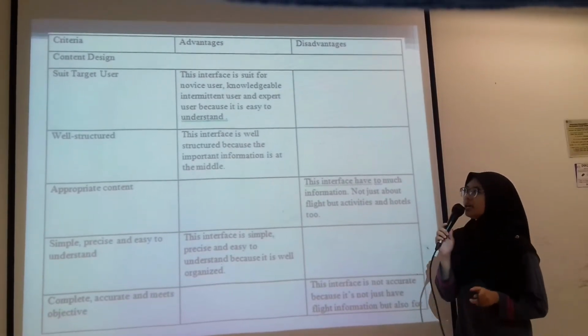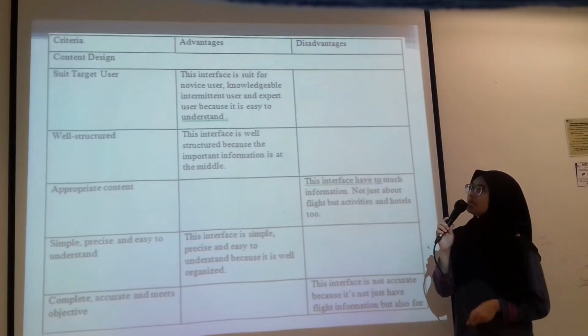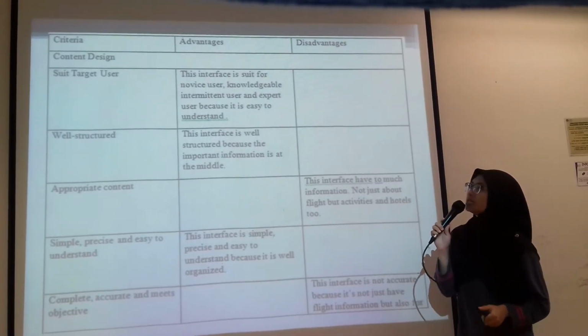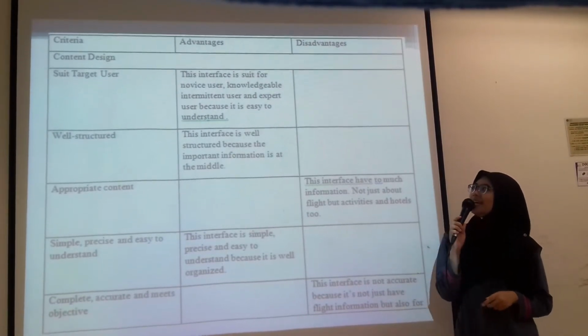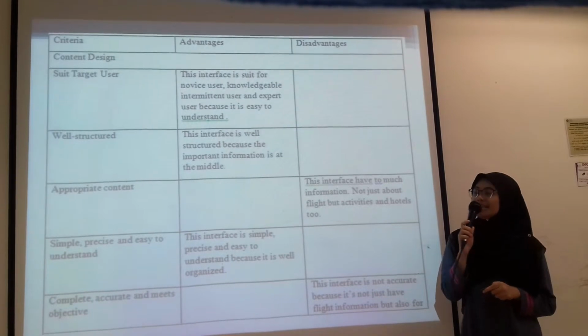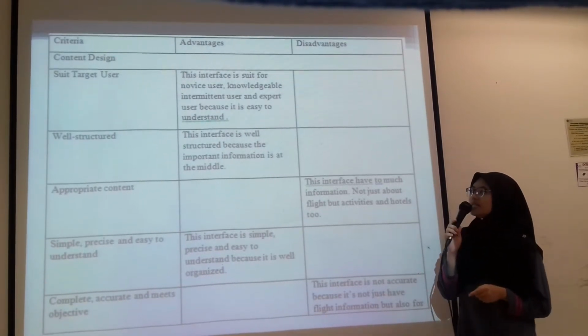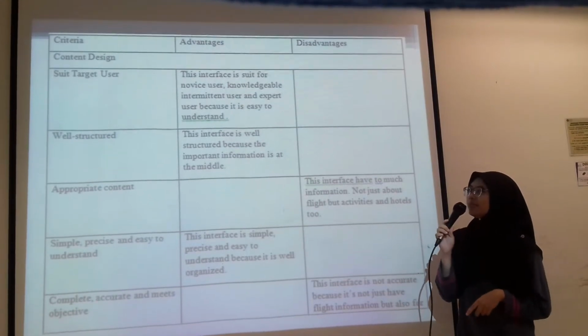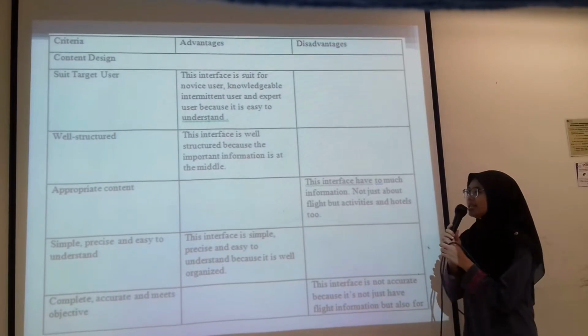This interface content design suits the target user. It is suitable for novice users, knowledgeable intermediate users, and expert users because it is easy to understand. And then this interface is well structured because the important information is at the middle, which is the booking site we just saw.